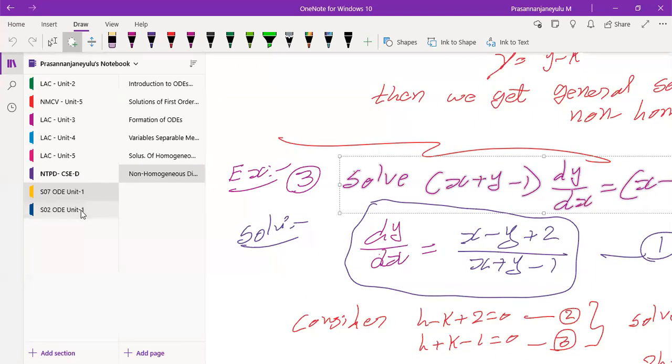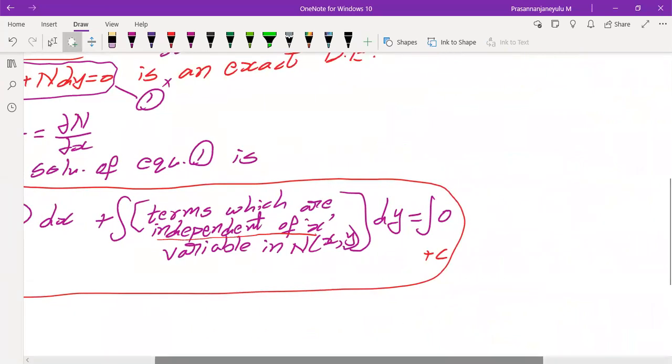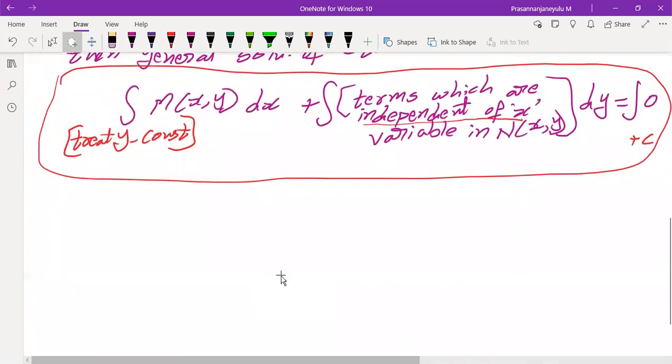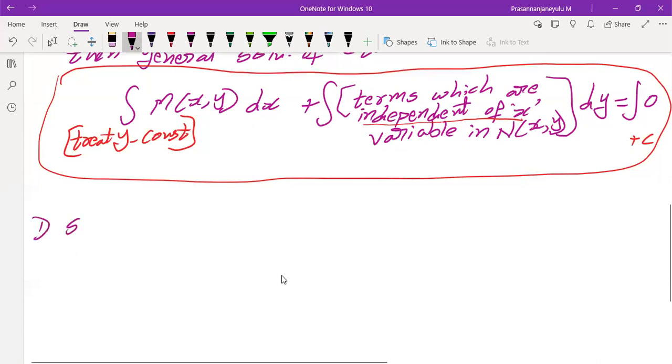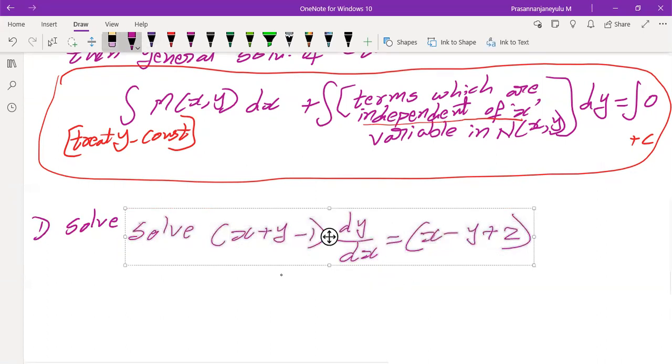Now going to our present class. In this, I'm taking the problem like this. Solve problem number 1. Taking the differential equation like this.